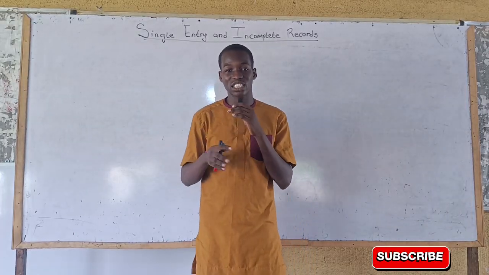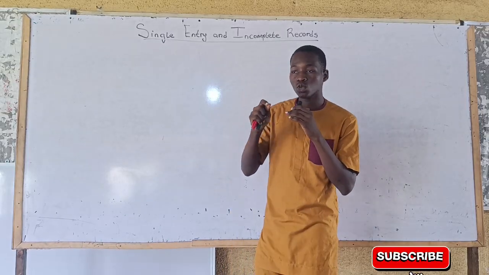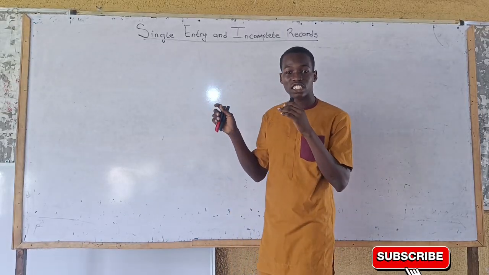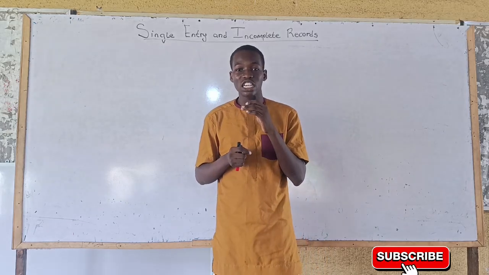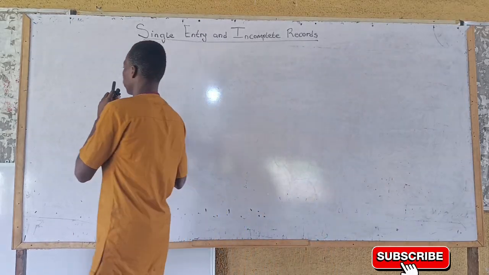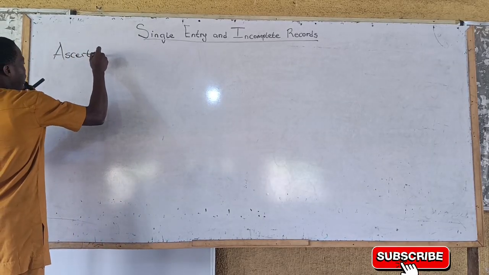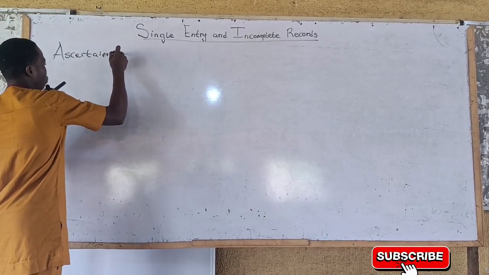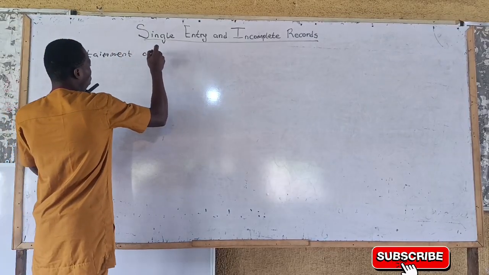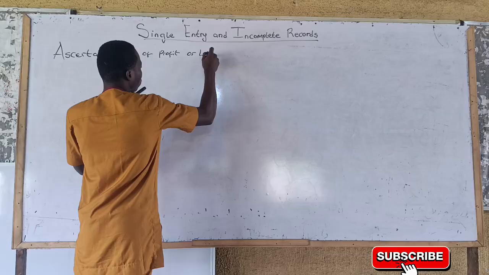And how do we go about that? That is what we are going to look at now. The number one step to ascertain your profit and loss in single entry and incomplete records is by creating what we call a statement of affairs. So let's start. Ascertainment of profit or loss.